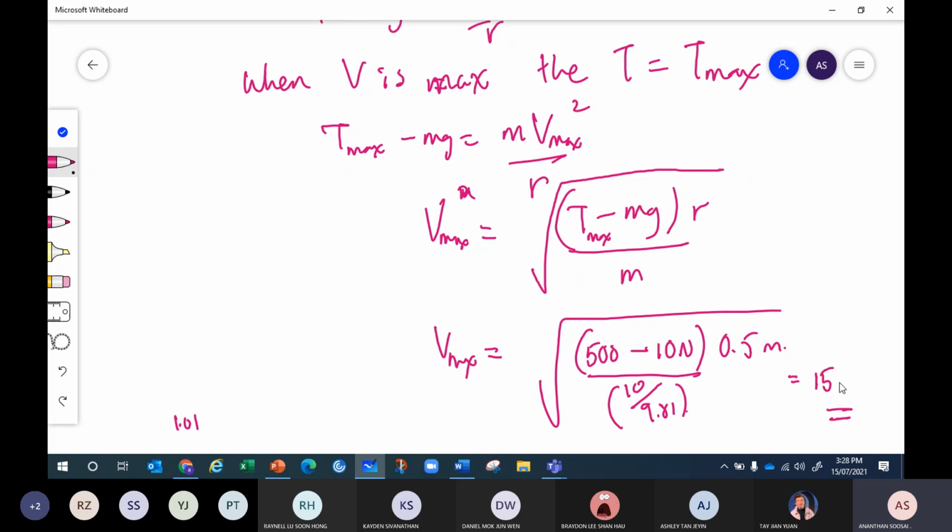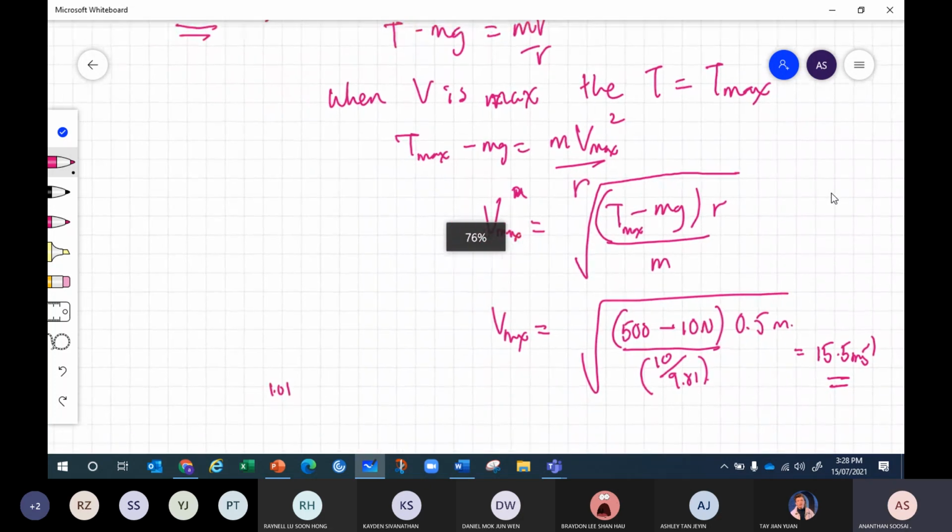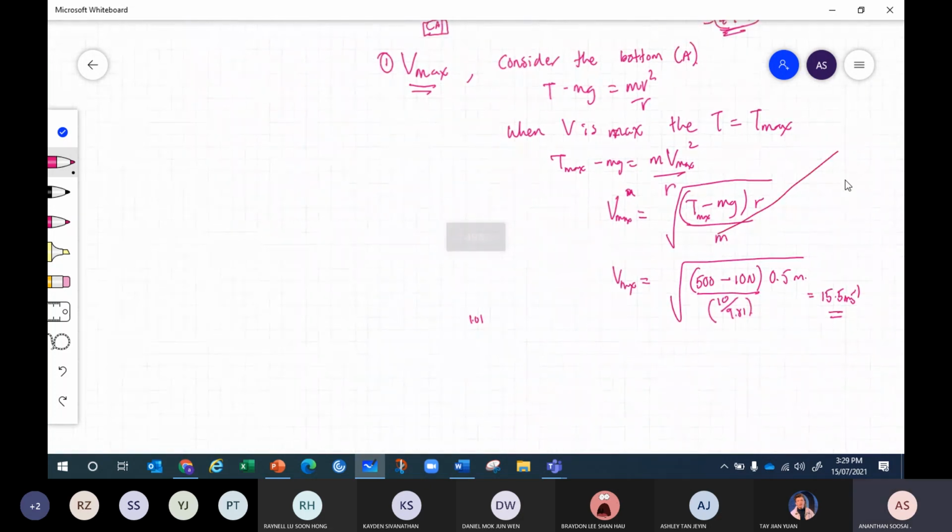So let's say 15.5 meter per second. Okay, good.